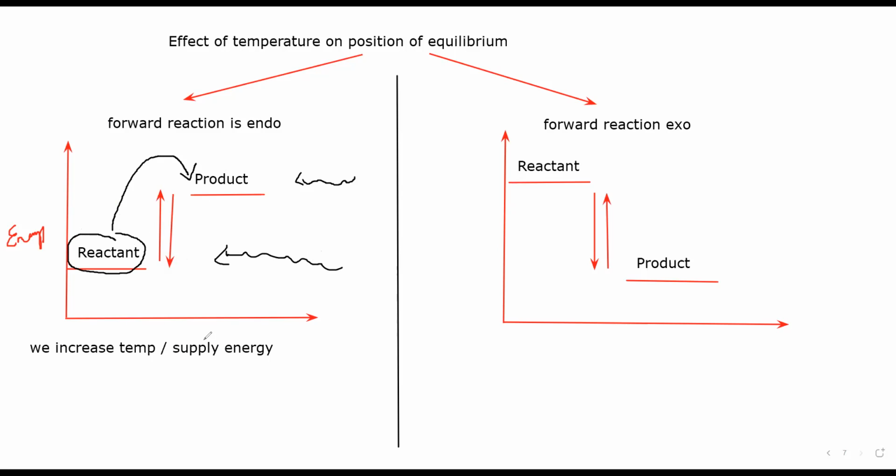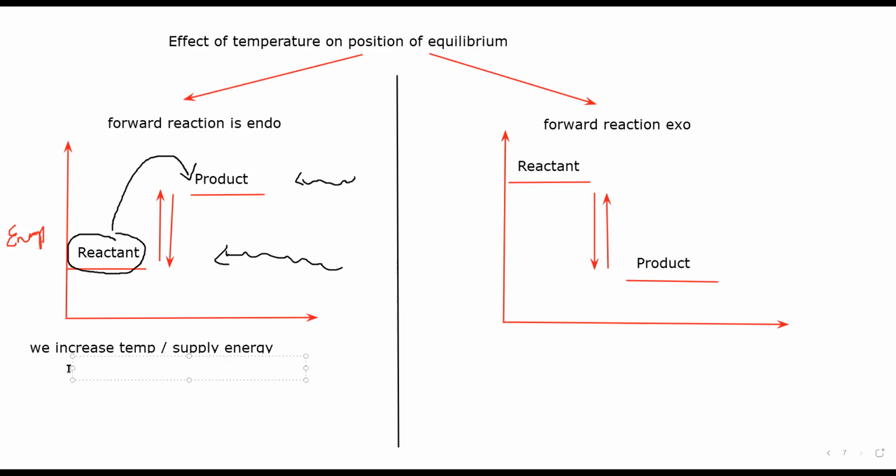more product. So if we increase the temperature or supply energy, reactants can absorb energy, and product can also absorb energy. But when the reactant absorbs energy, it can form a product. So if the reactant can form a product by absorbing energy, what will it result in?